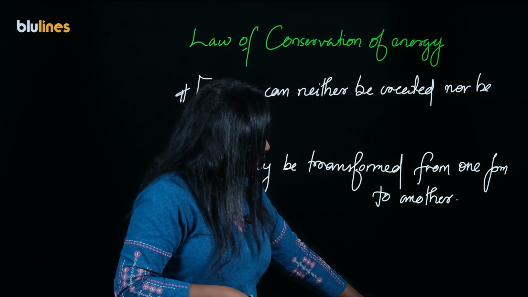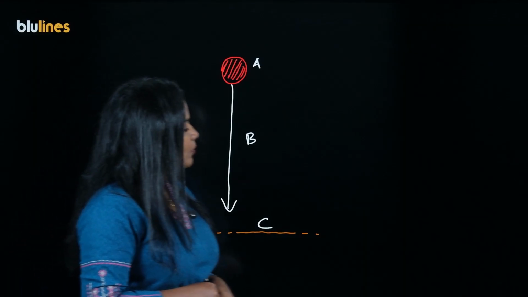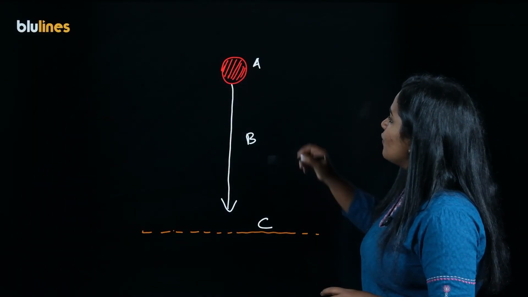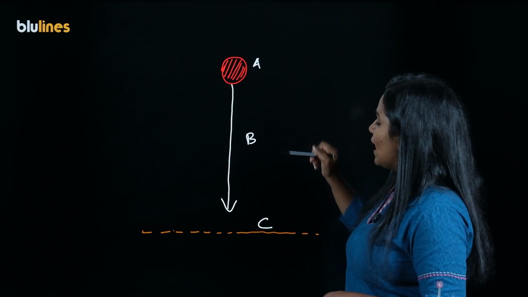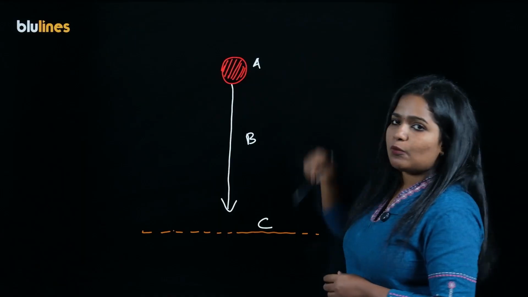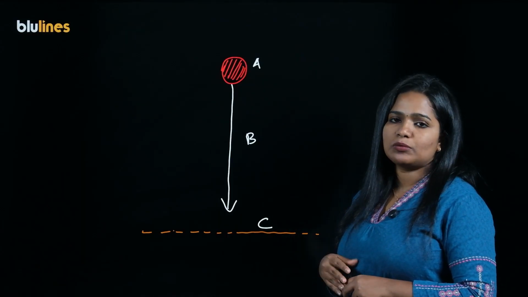We will discuss this with the help of an example. We are going to drop a ball from the height h. You have 3 points here, A, B and C. When I am dropping this object, what is the initial velocity? It is u equal to 0.